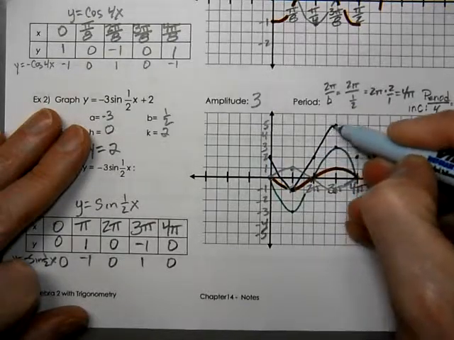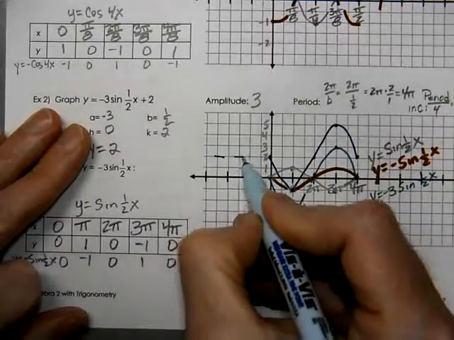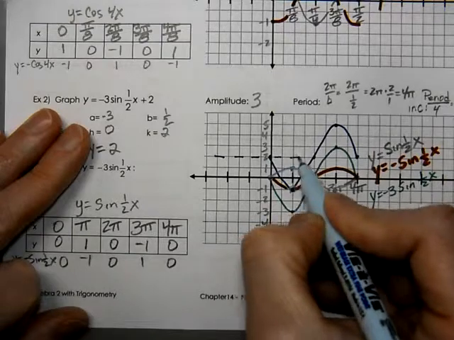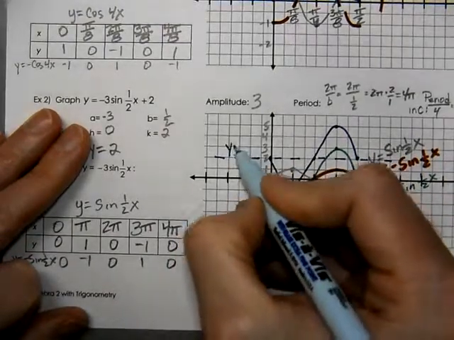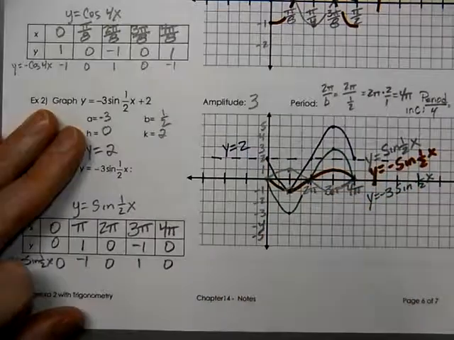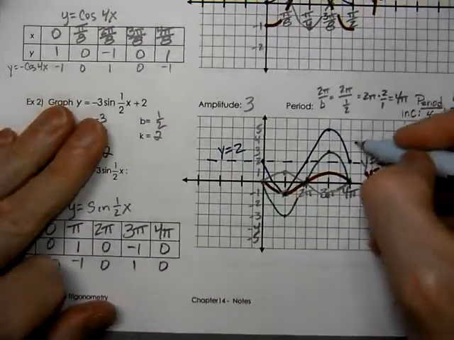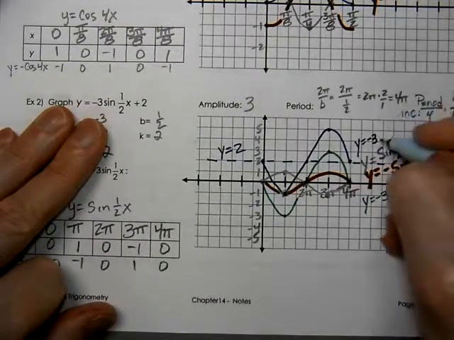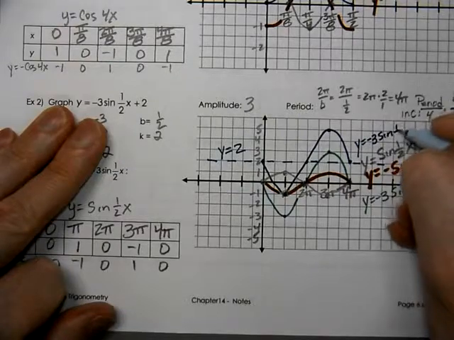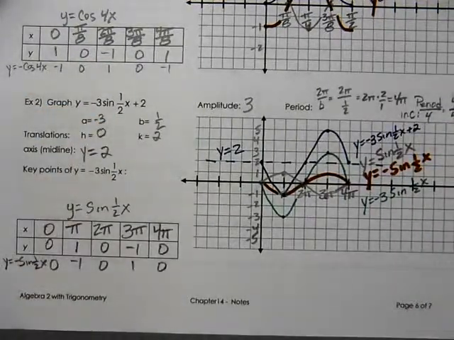So we'll roll through each one of these points with a midline that cuts right through at y equals 2. Be sure to label your midline, label your graphs. In this case, -3 sine of half x plus 2.